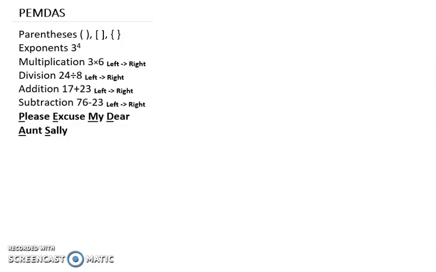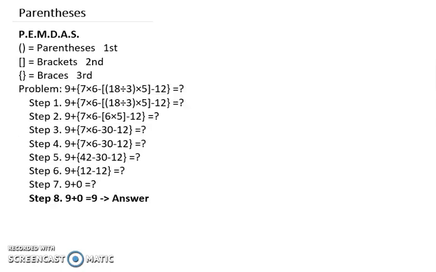Now we'll dig a little deeper and I'll move on to the first letter, parentheses. This is a very useful tip. You should always write the acronym PEMDAS somewhere on your paper when you're doing a quiz or some kind of test.